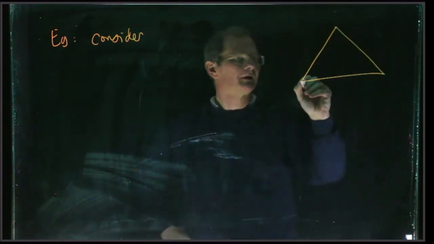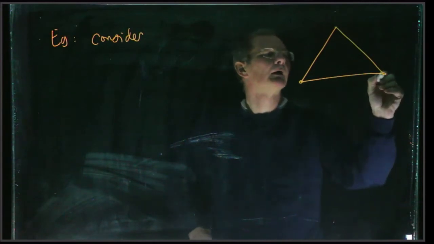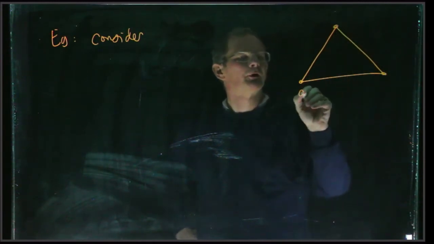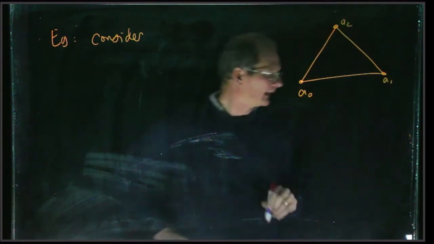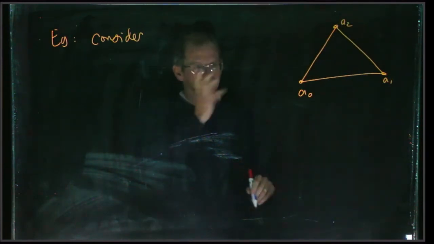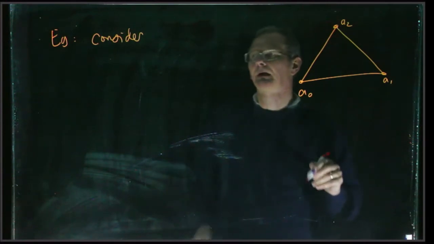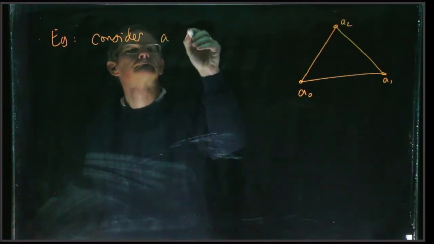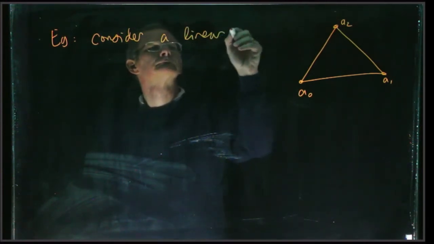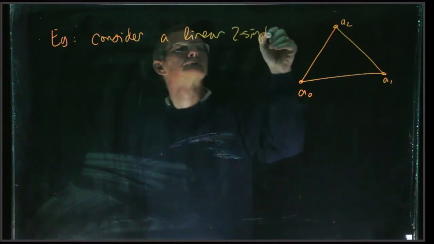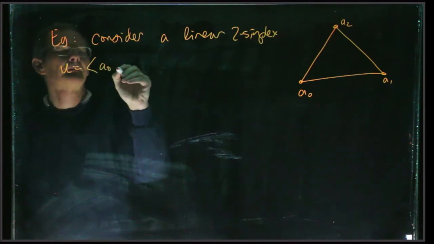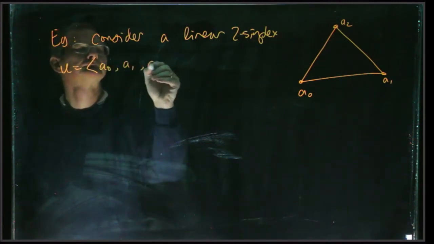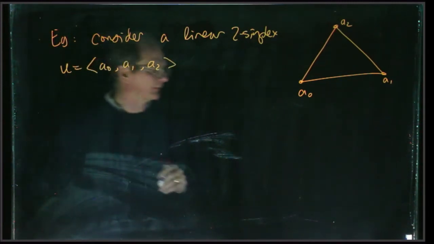We'll just do this in the plane R2, and we've got some points A0, A1, A2, and they give us a linear two-simplex. So this is pointy brackets A0, A1, A2, and let's recall exactly what this means.